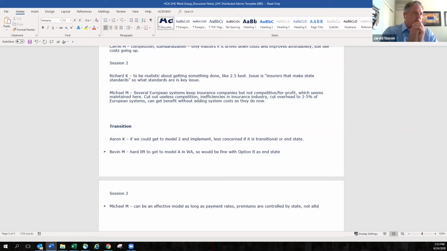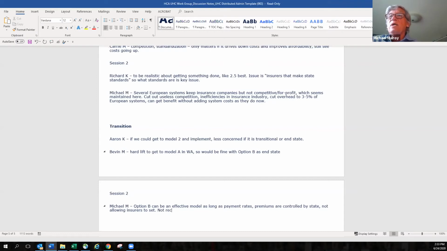We need some central control of the costs, and if so, then option B is probably the best way of handling it, the least cost in terms of we don't have to recreate another bureaucracy to handle the monies that flow through in premiums or payments to the providers.